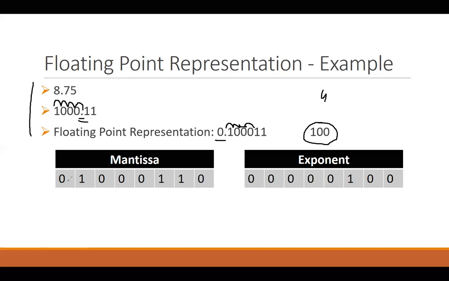The mantissa is also positive because its MSB is also 0. What I have here is the exponent. I'm going to convert that exponent, and this exponent is actually 4.